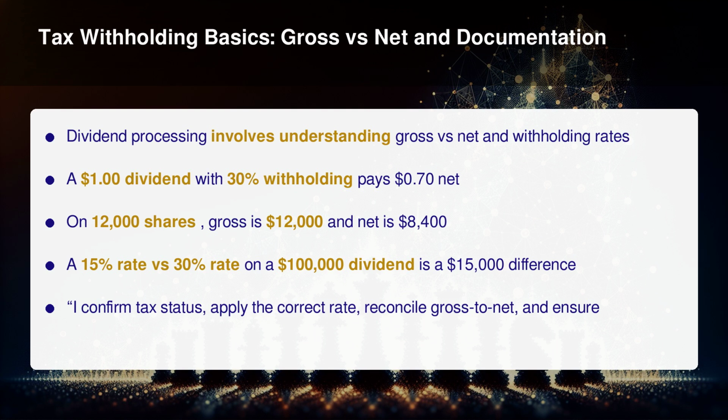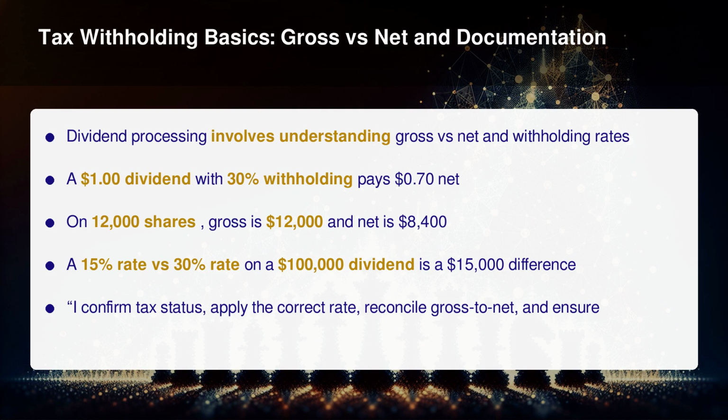Dividend processing is rarely just rate times shares. You must know gross versus net and withholding rates. For example, a $1 dividend with 30% withholding pays 70 cents net. On 12,000 shares, gross is $12,000 and net is $8,400. Documentation like tax forms or residency status can reduce withholding, so ops needs accurate account setup.